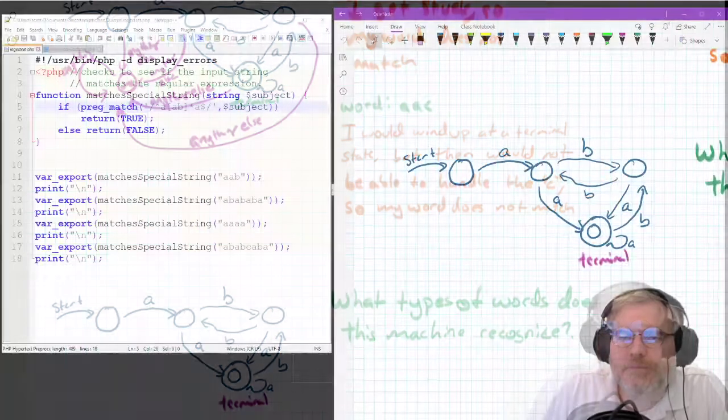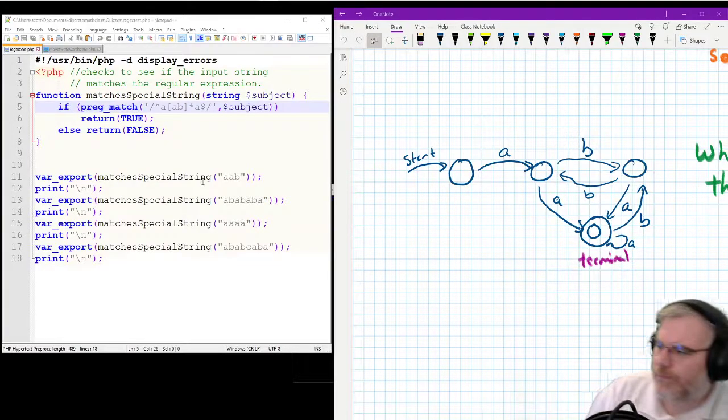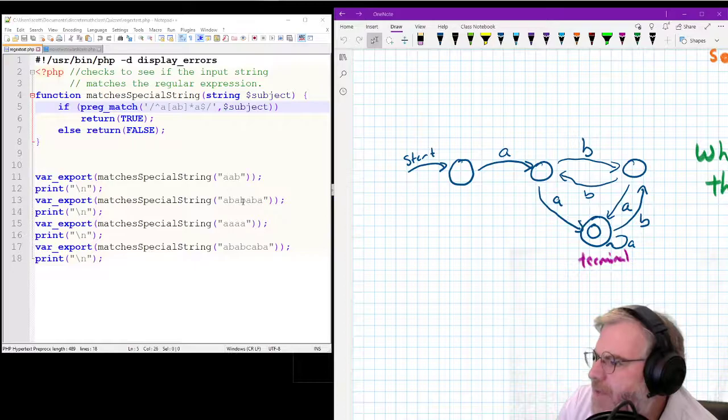So I've got a string. Okay. So on the quiz, these were our words. Our test words were AAB, ABABA, AAAA, and ABC.